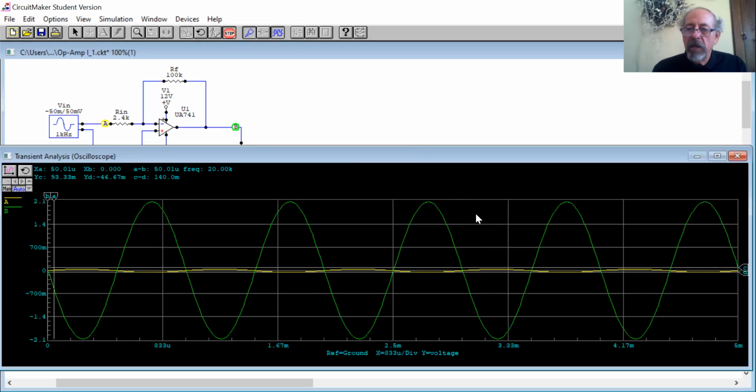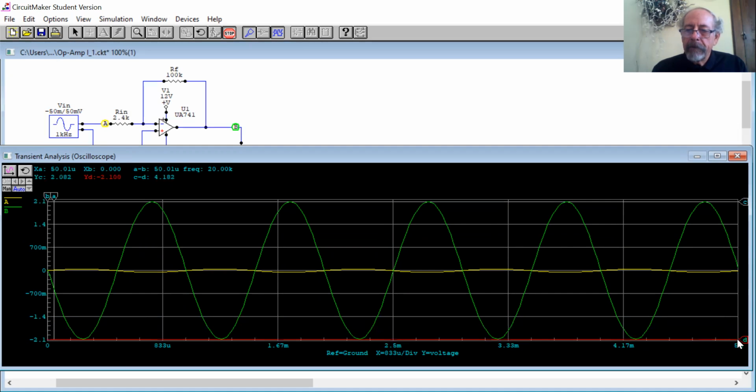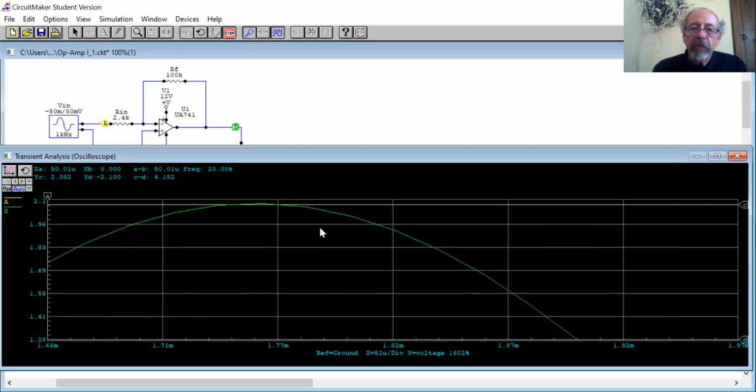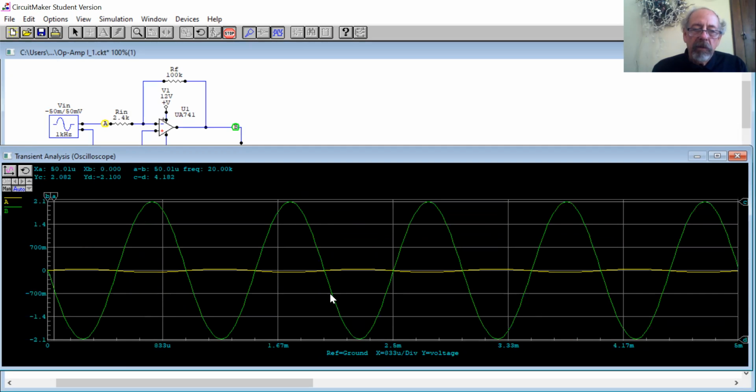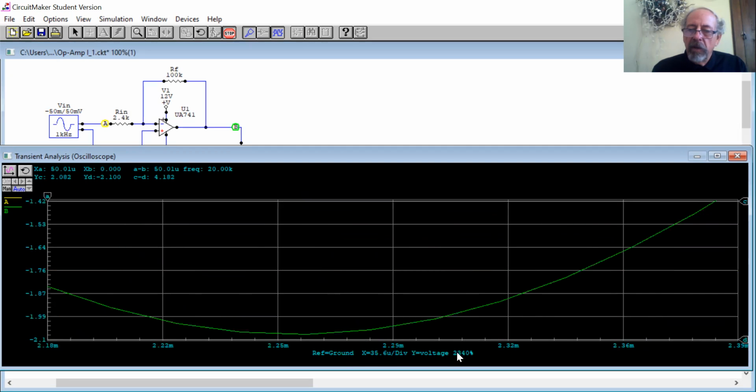Using the C and D cursors, what I discover here, C to D, is about 4.182 volts. I haven't put them on there exactly, but you can at any time blow up the screen. Now we're off a little bit, so we'll make that a little better and bring the screen back.